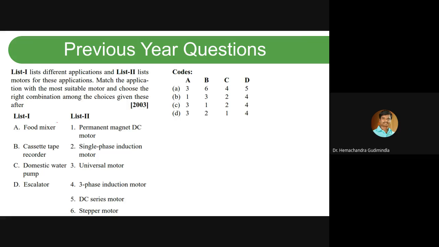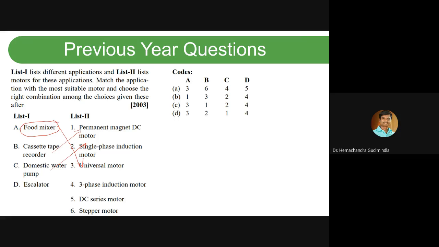Now for the food mixer, we require high speed motors. So high speed motors are universal motors. Cassette tape recorder, permanent magnet DC motor. And for domestic water pump, generally we will prefer single phase induction motor.